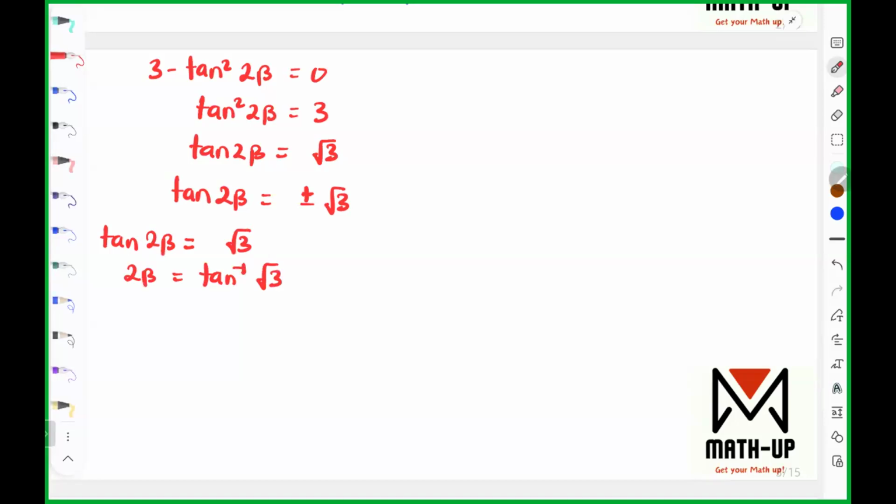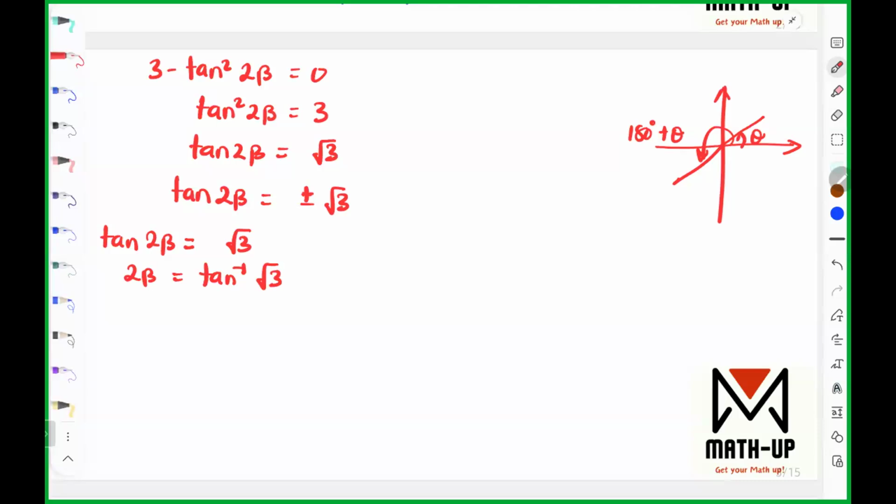Remember our ratio is positive, so look for quadrants where tan is positive, which are the first quadrant and then the third quadrant. The positive angles in the third quadrant are got by adding 180 degrees to the acute angle we get in the first quadrant.